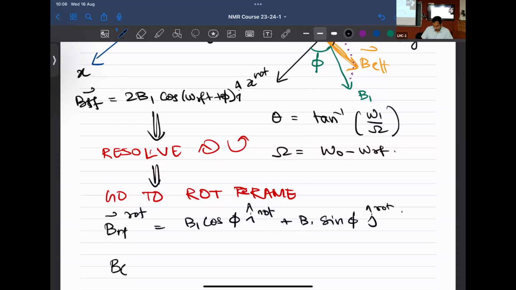And the effective B field in the rotating frame would be given as BRF rotating plus delta B naught K cap. So this is where we were, correct?